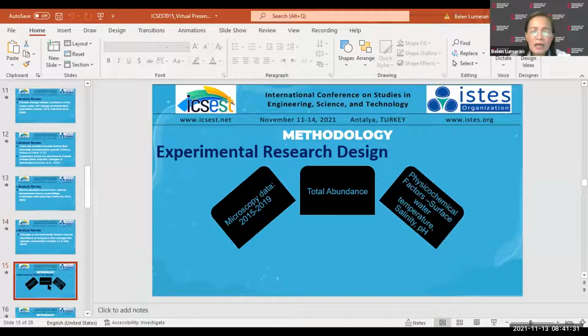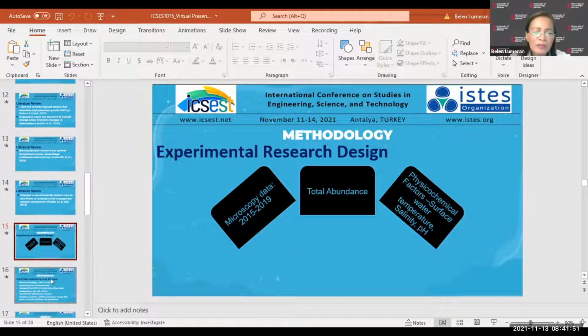So I used experimental research based on microscopy data for 5 years, from 2015 to 2019, using the overall population based on total abundance, as may be affected by physicochemical factors, limiting only to surface water temperature, salinity, and pH.